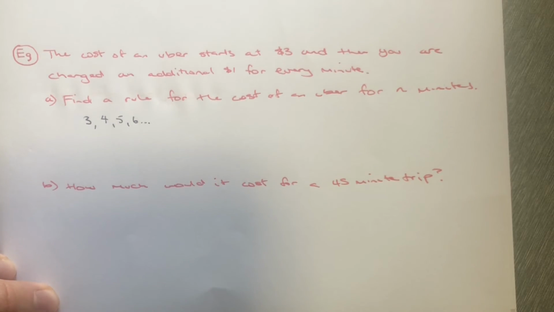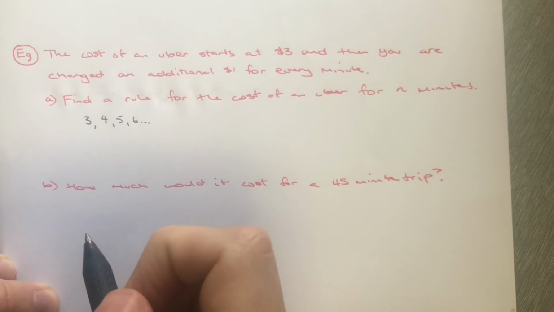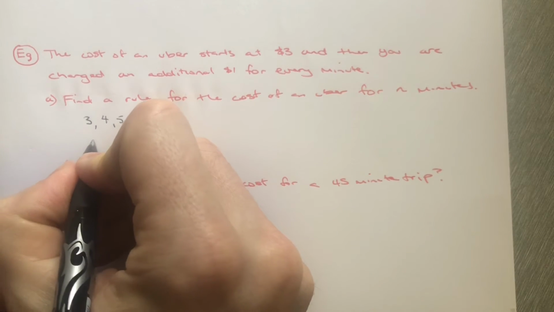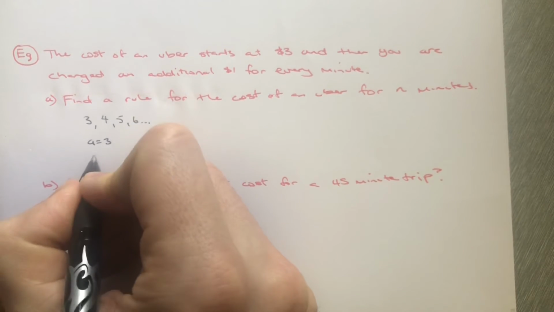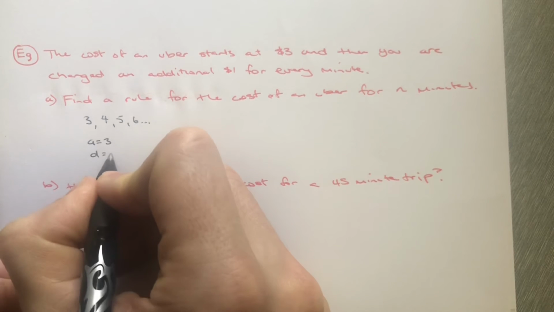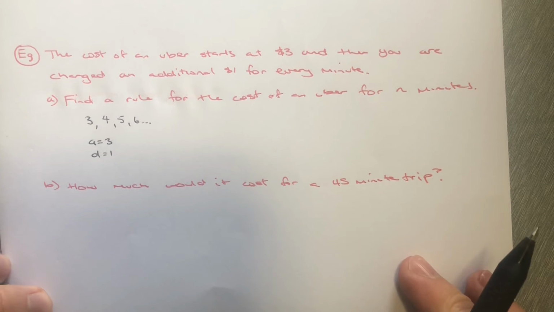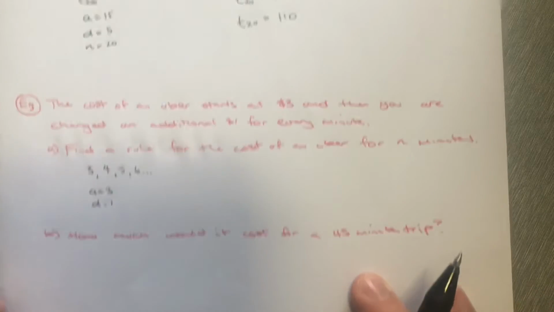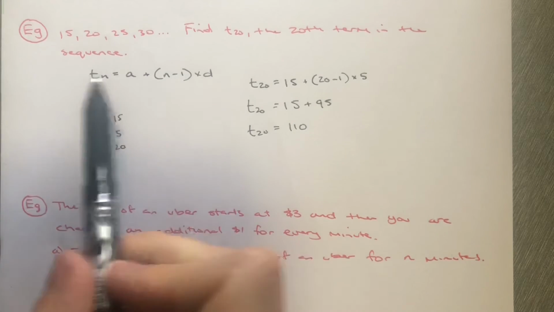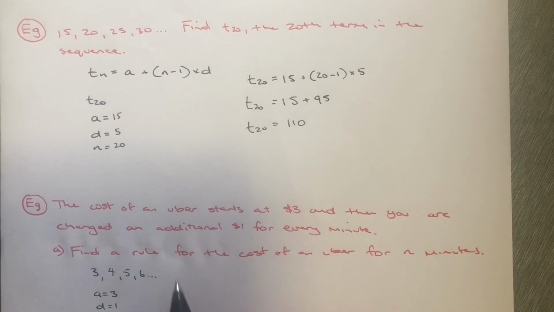So from that info there, I've worked out that our first term, A, is 3, and our common difference is 1. Alright, find a rule for the cost of an Uber. Now, we had a rule just before when it comes to sequences, which is just this one here. So I'm going to write that one down again for us to use.